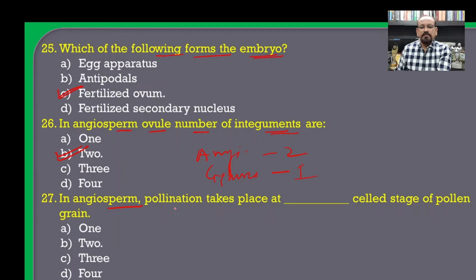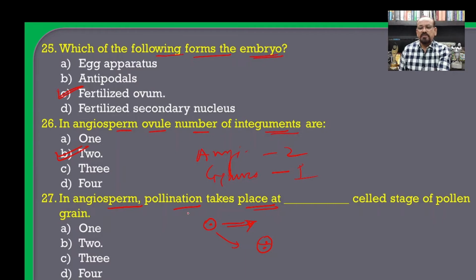In angiosperms, pollination takes place at the two-celled stage of the pollen grain. Means when there is a formation of the pollen grain inside the pollen chamber in anthers, there is liberation of these pollen grains for the pollination. But even before that, there is a division of these pollen grains.